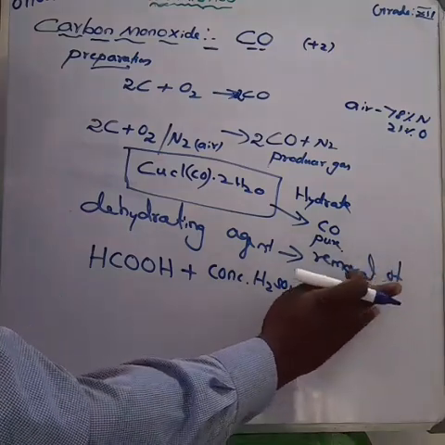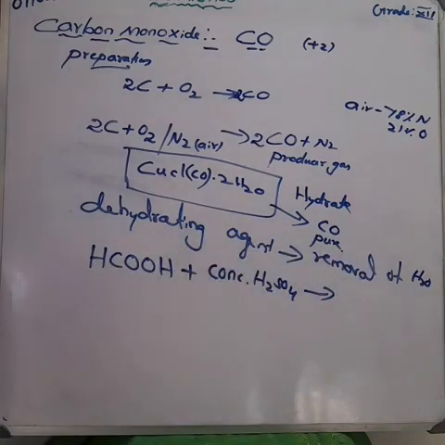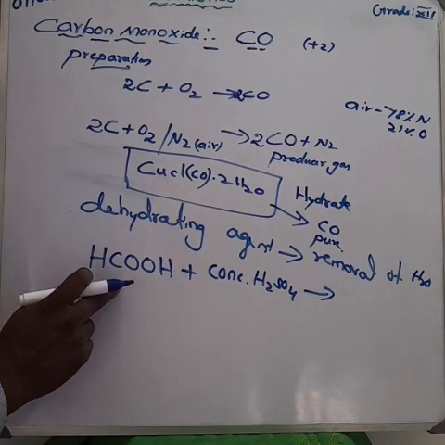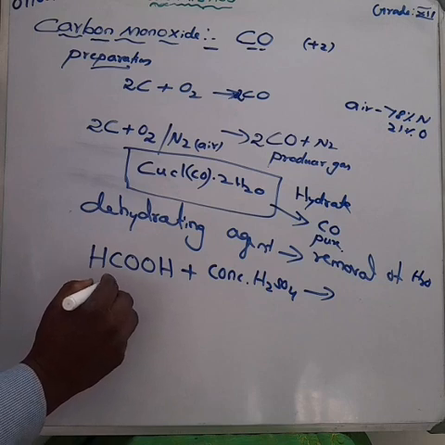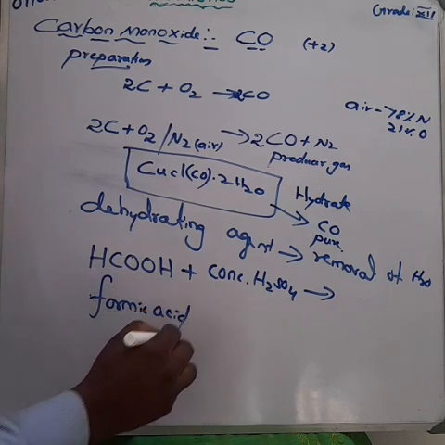So how to write the methanoic acid? What is the common name of methanoic acid? That is formic acid. Okay, formic acid is the other common name of methanoic acid.